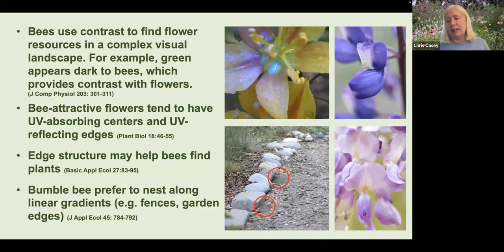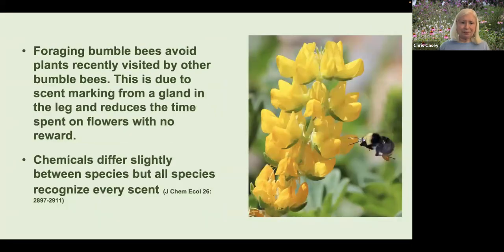And I've got that highlighted in the red circles there. So that edge structure really seems to be something that they're going to utilize. So in terms of leaving some bare soil in your garden for those ground nesting bees, if you can do it along a gradient like a fence or the side of a building like a garage, that may be helpful.